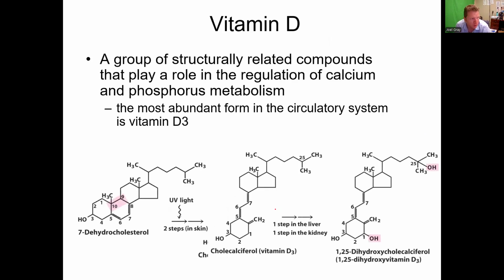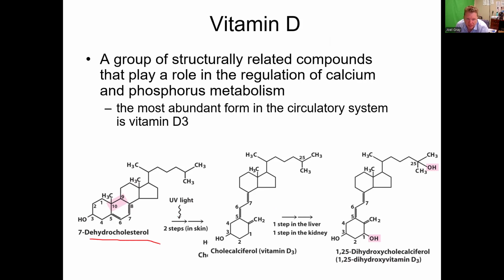D3 might be the one that you take a supplement of, and that is your cholecalciferol, and that is going to be modified.